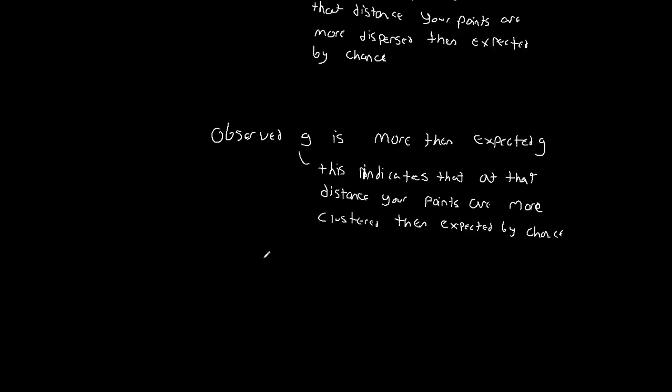But let's take this a step further. At the end of the previous video, I talked about how we can graph these things. On the x-axis, we would have our distance, this is that r that we talked about. And on the y-axis, we would have that probability. So what we can do now is graph what we would get expected by random chance.